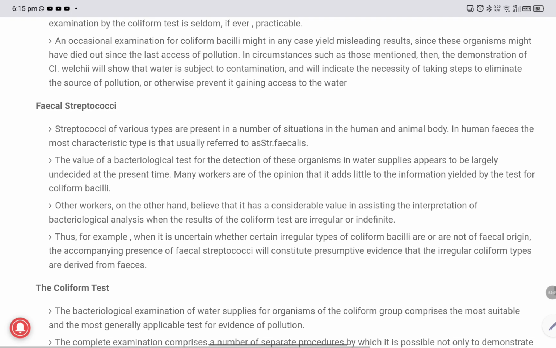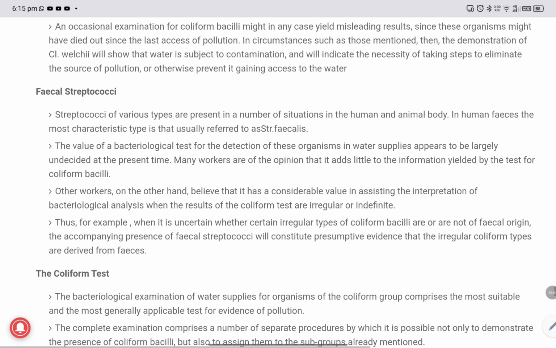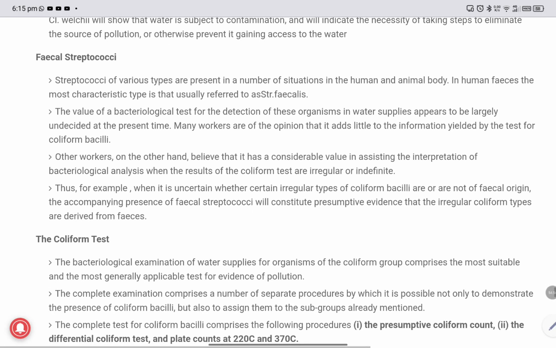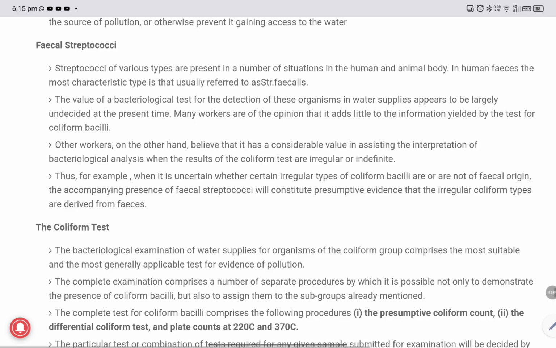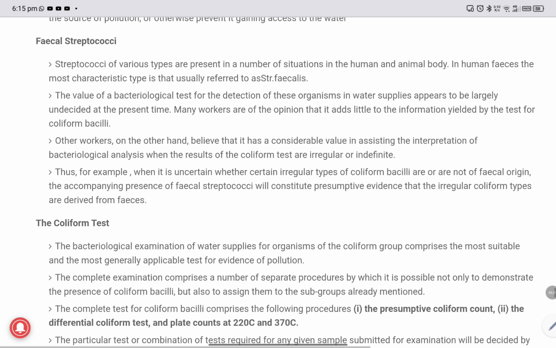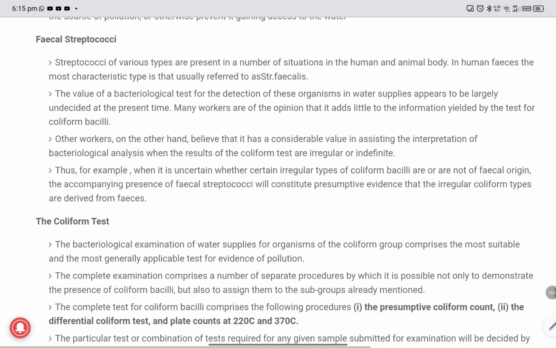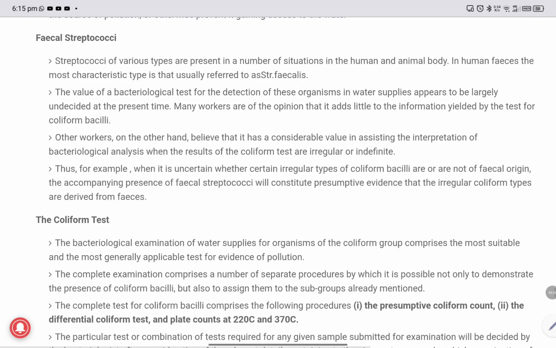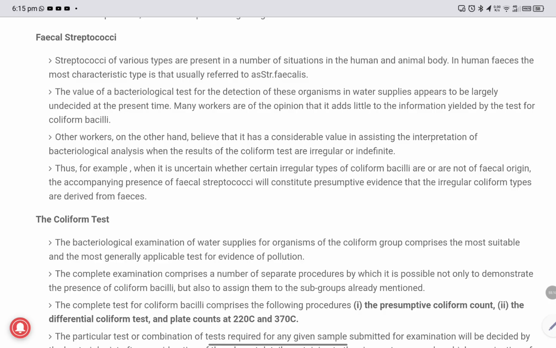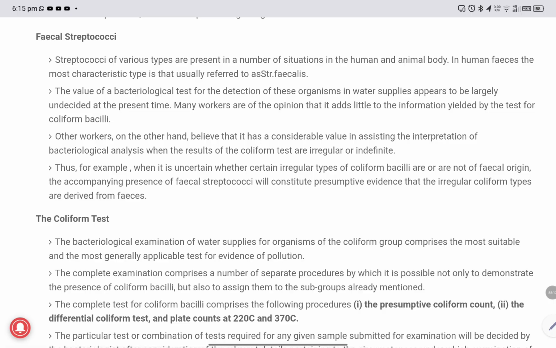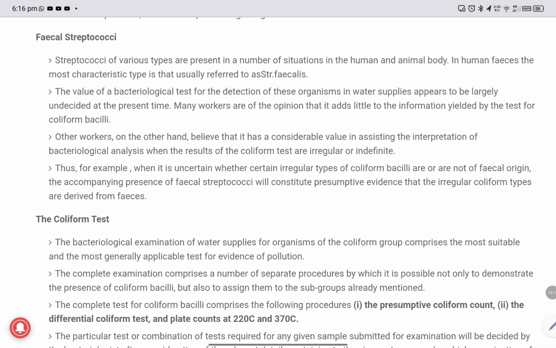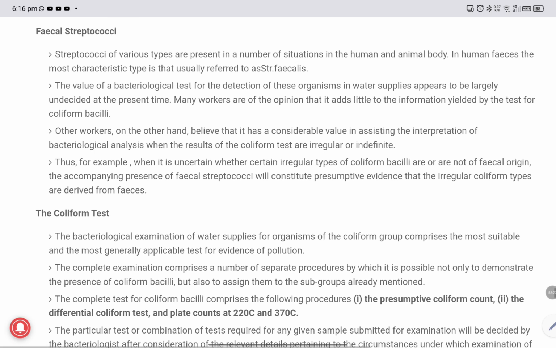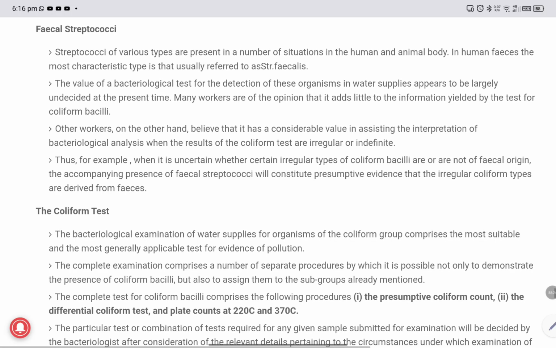Fecal streptococci. Streptococci of various types are present in a number of situations in the human and animal body. In human feces, the most characteristic type is usually referred to as Streptococcus faecalis. The value of a bacteriological test for the detection of these organisms in water supplies appears to be largely undecided at the present time. Many workers are of the opinion that it adds little to the information yielded by the test for coliform bacilli.